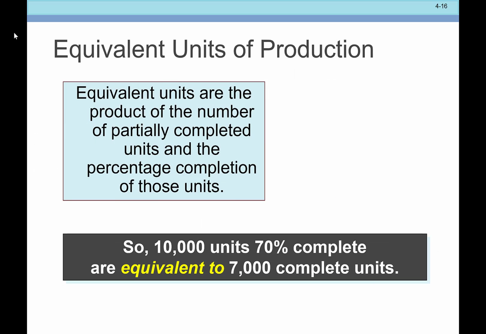Okay, equivalent units. In this first set of information, we're going to look at equivalent units using the weighted average method. After we go through the weighted average method, we'll go through FIFO. Now, the biggest problem that I have, guys, when I look at this stuff is I can't seem to hold them both in my head at the same time.